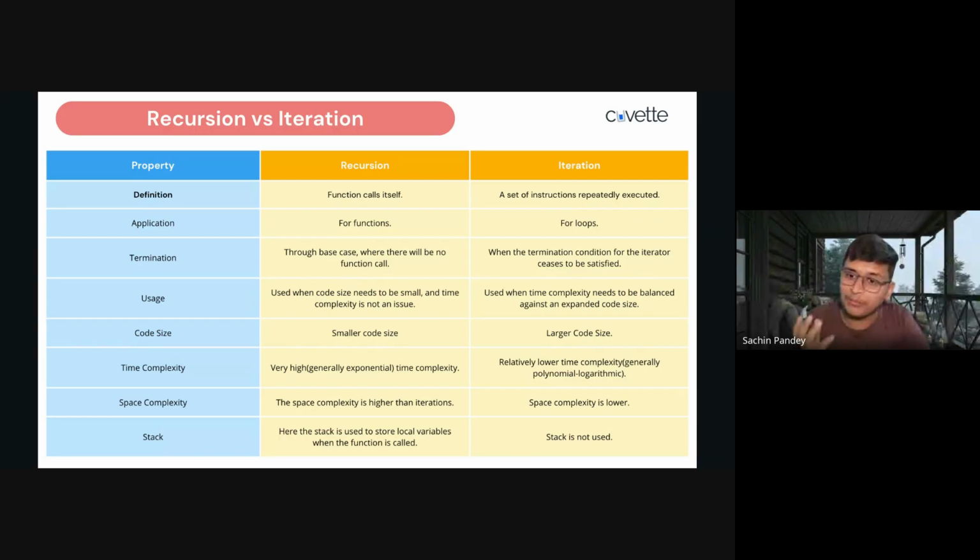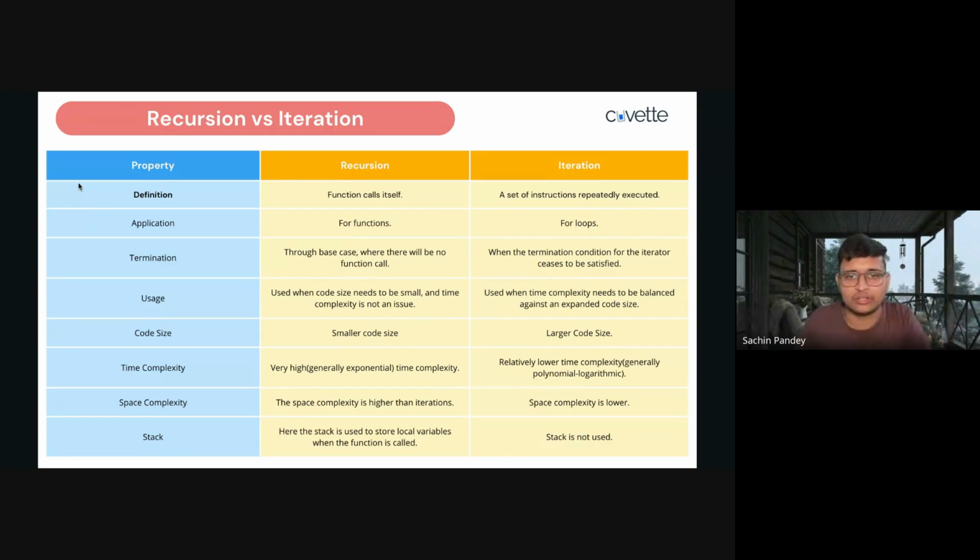When will the loop terminate? When i is greater than or equal to n, the loop will terminate. If i is lesser than n, it will keep on going. So the loop terminates when the condition you have written, which is the basis for the loop, is falsified or fails. Then your loop will stop. That is for iteration.